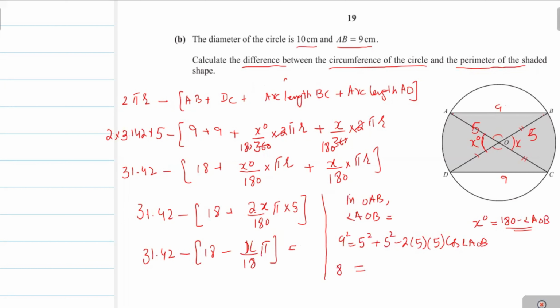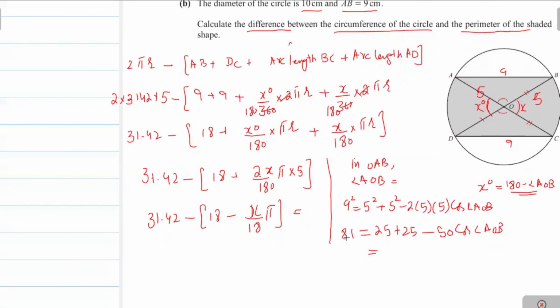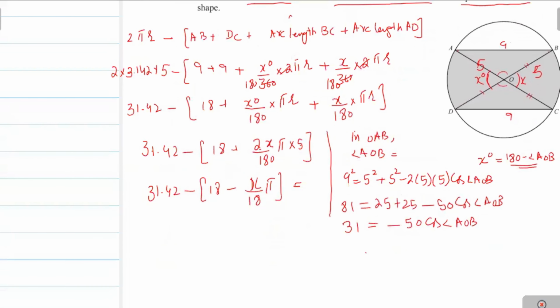Therefore, 9 times 9 is 81, 5 times 5 is 25 plus 25, minus 2 times 5 is 10, 10 times 5 is 50, cos of angle AOB. And this value will be equal to 81 minus 25, which equals 31 minus 50 cos of angle AOB. Now this gives minus 31 over 50 equal to cos angle AOB.